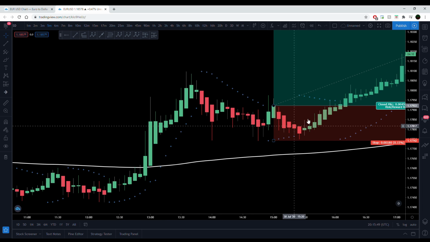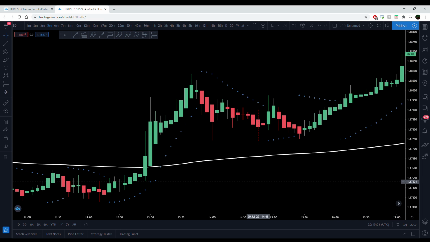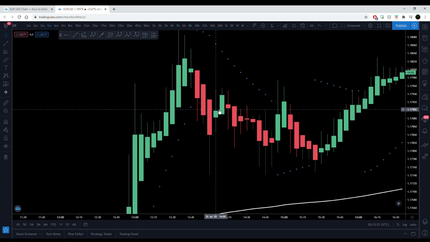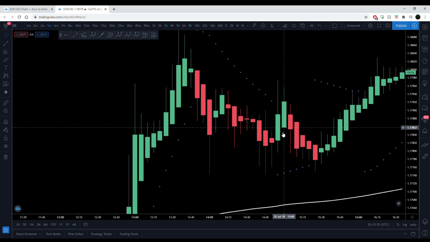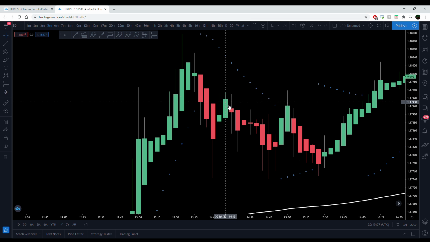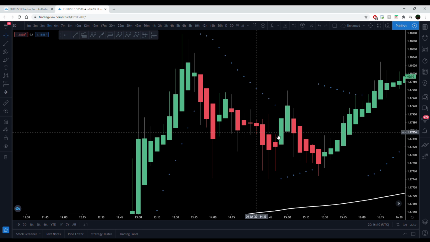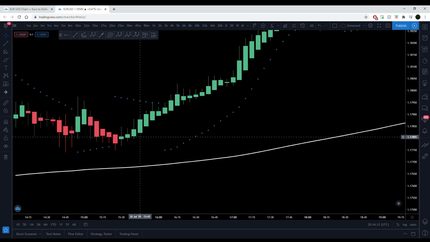Now let me explain also why this one over here is not the entry, but this one is. This one here would not be the entry, even though there's no wick below the candle, because simply the parabolic SAR indicator is still on top. There's nowhere to set your stop loss. So this filters bad entries.